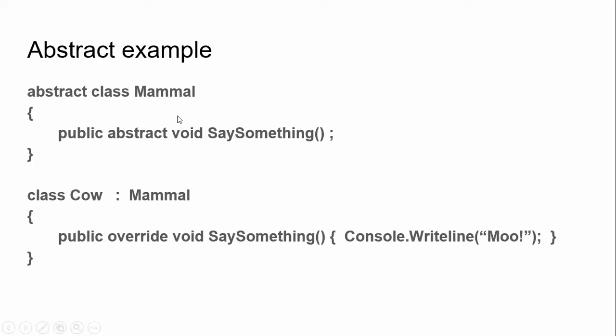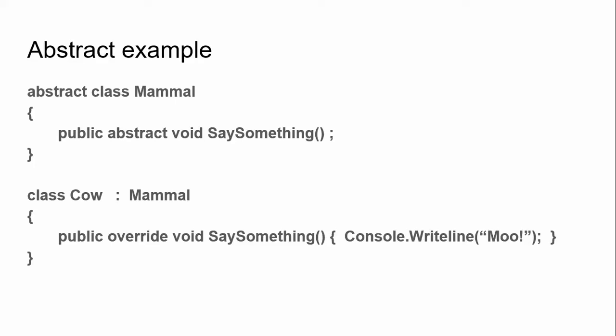So the mammal class says, I have to have a speak function, but I'm not even going to provide a body. I'm not going to provide any implementation at all. I'm just going to say this function is abstract. And that means that anybody who subclasses me has to actually provide the function implementation.